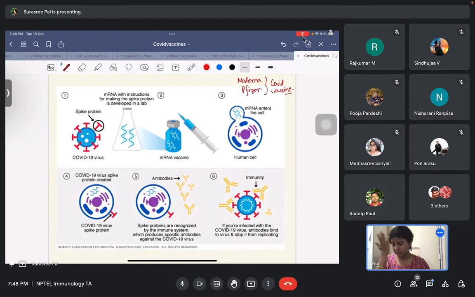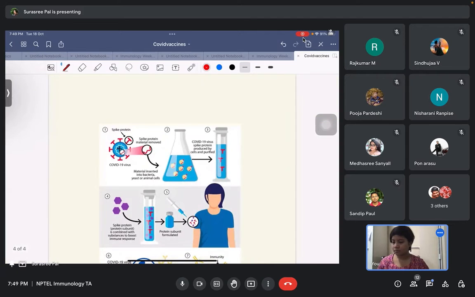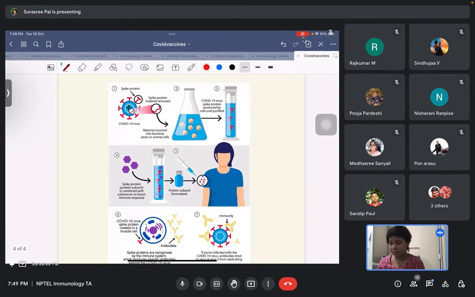Okay. So that was the mRNA vaccine, and another vaccine was Novavax, for example, which was another COVID vaccine. It was a subunit vaccine.